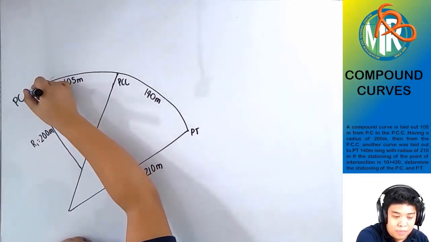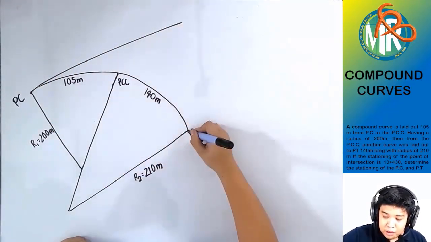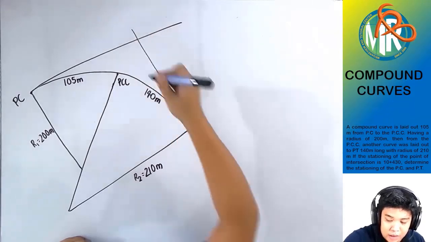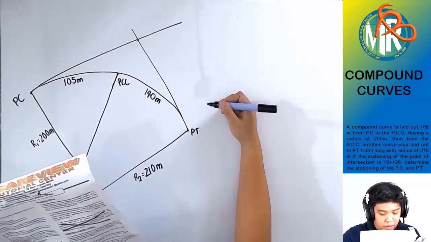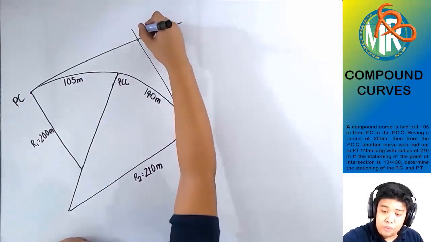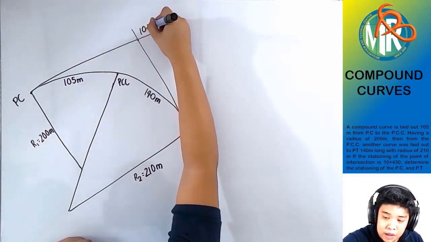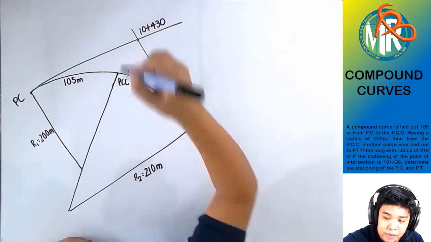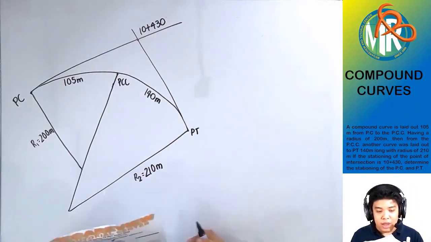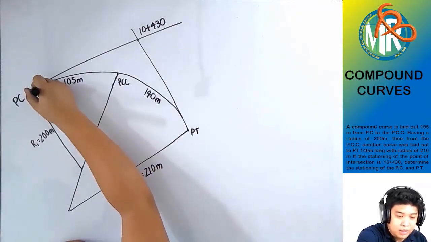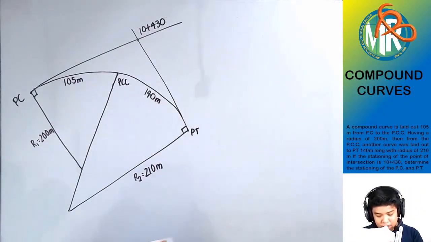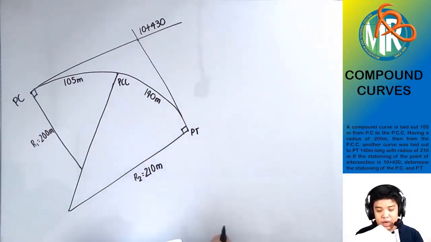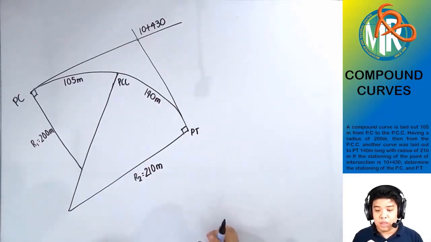So these are our tangents, and they intersect at station 10 plus 430. What is being asked is the stationing of the PC, PCC, and PT.